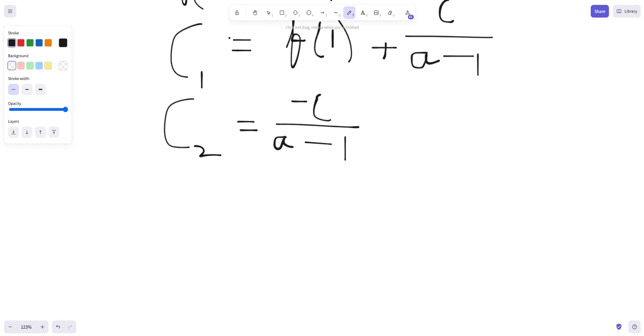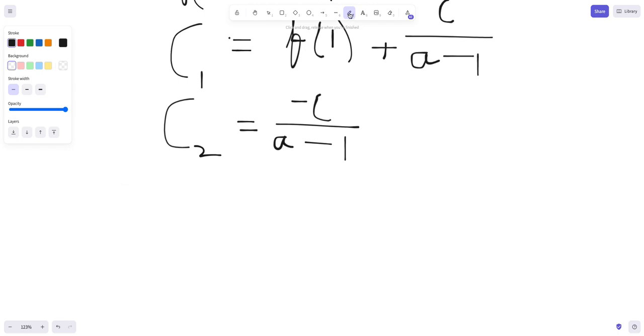So let's look at some examples to use this. Okay, so let's consider the binary search.